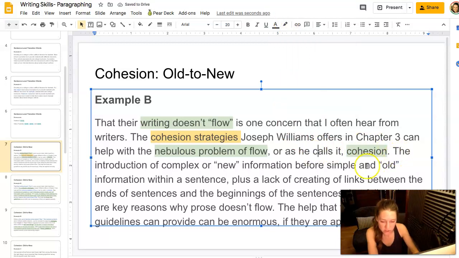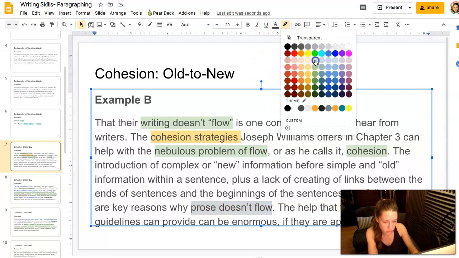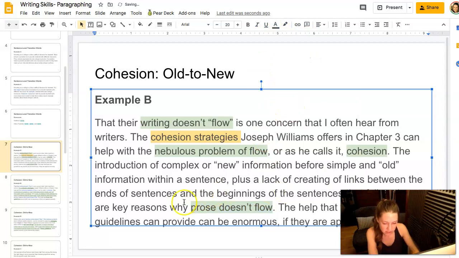The introduction of complex or new information before simple and old information within a sentence, plus a lack of creating links between the ends of sentences and the beginning of sentences that follow them, are key reasons why prose doesn't flow. So we're talking about prose not flowing some more. And these are the reasons why.